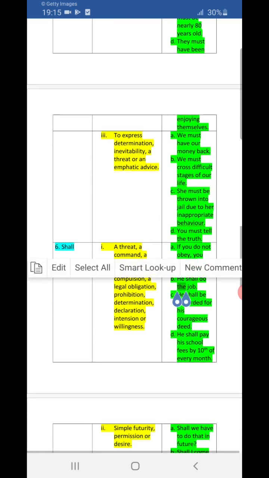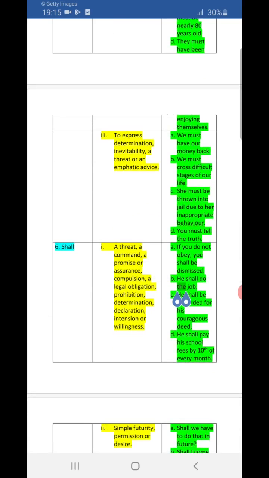Example number A. If you do not obey, you shall be dismissed. So it's basically a threat or a legal obligation, suppose. Okay, that if you do not obey, you shall be dismissed. Dismissed from the job or like that.